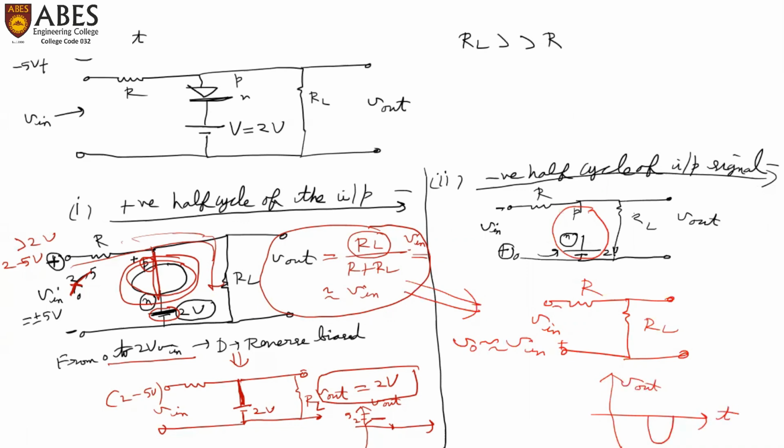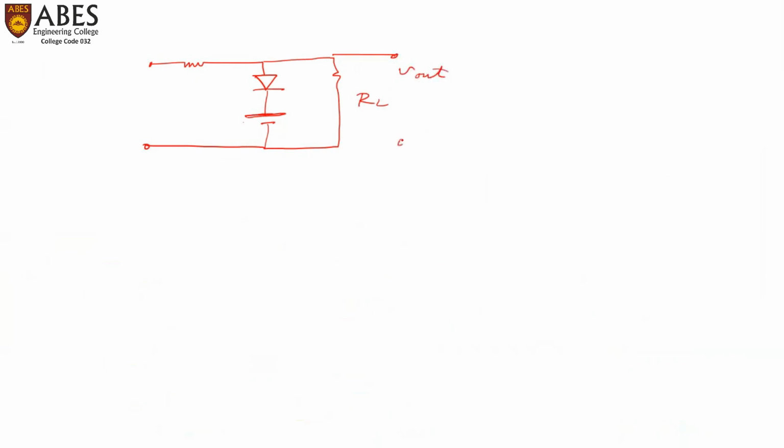So finally, we conclude that for this circuit, I am drawing the circuit again, when the diode negative terminal is connected to the positive terminal and RL is connected here, and we are taking the output, for this case, the output voltage, let me draw both the waveforms.